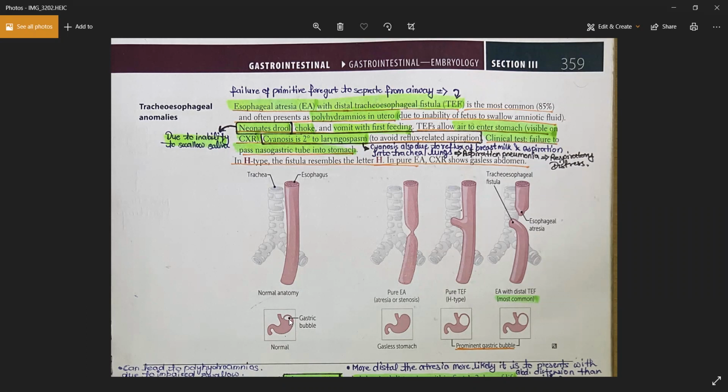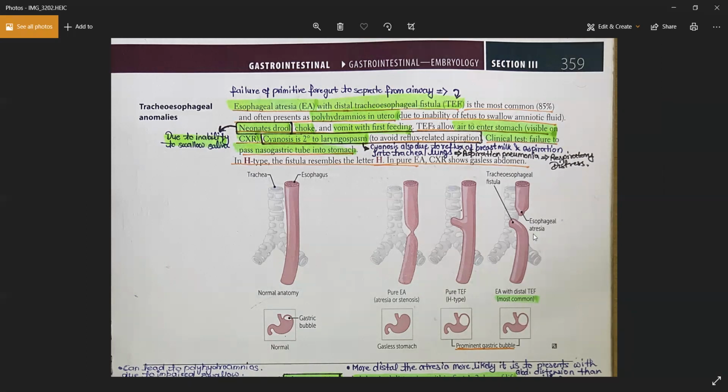So in a normal X-ray you will get a gastric bubble in the stomach. In case of a pure esophageal atresia type, you won't see any bubble. In case of a fistula type, whether it is a distal fistula or a proximal fistula, you will have a very prominent gastric bubble, visible on the abdominal X-ray of the patient.